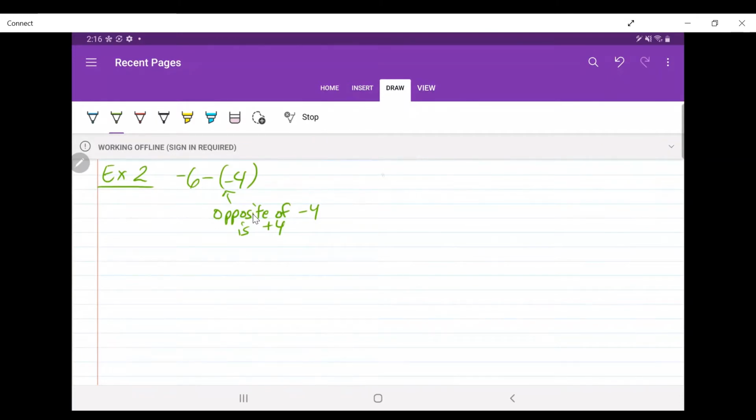So if we want to add the opposite, we're changing this math problem to -6 plus the opposite of -4, which is +4. -6 plus 4, so draw 6 negative counters and 4 positive counters. Make 0 pairs, and we're left with -2.